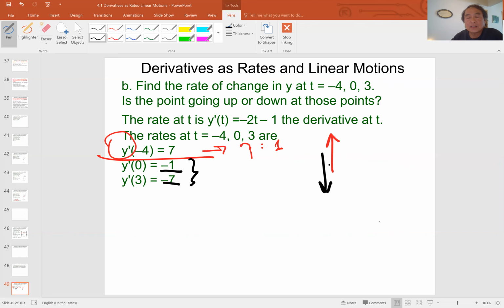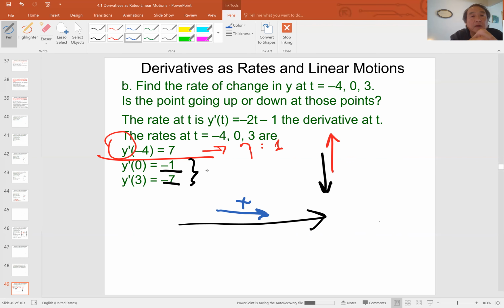Okay. So that's a very important thing to realize: the positive and negative signs of the velocity indicate the direction you're going. If the axis is horizontal, then positive velocity means the point is going to the right, and negative means going to the left, okay? But we are on the y-axis, so positive is going up, negative is going down.